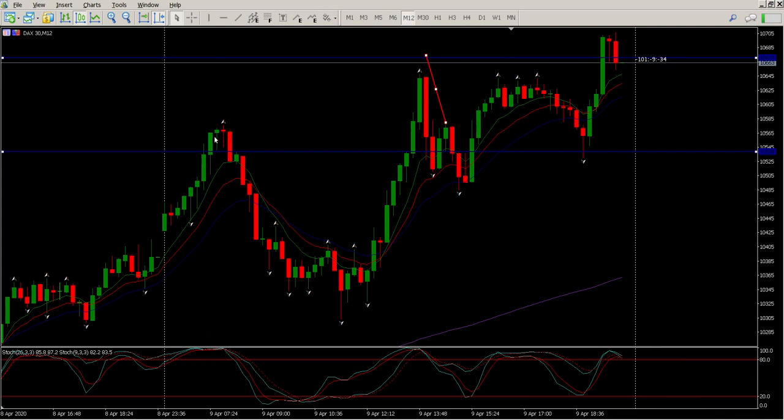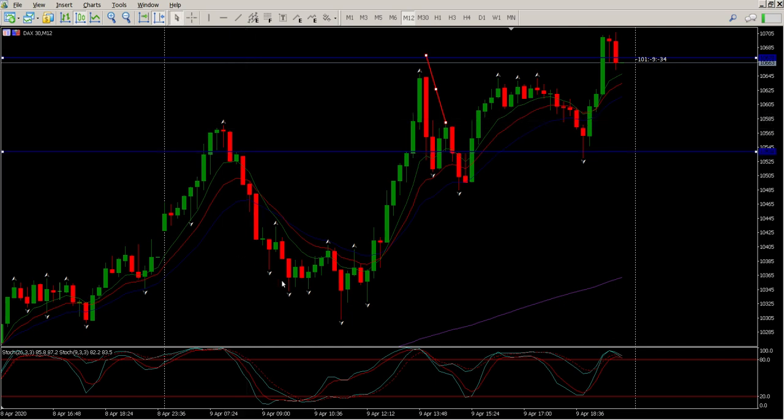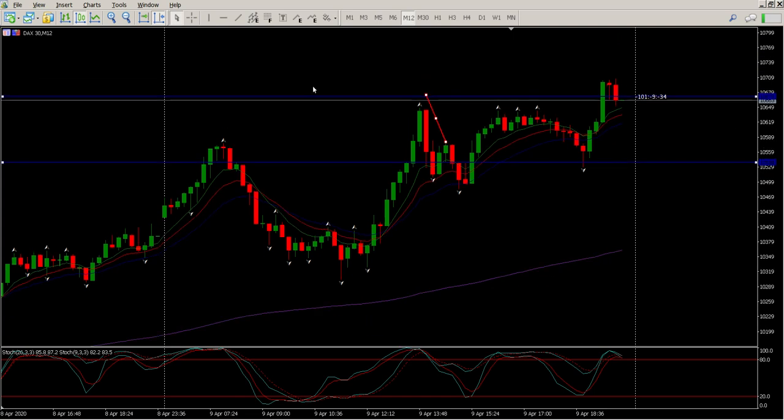Grouping, two hanging men in a row, break below it indicates trade to the downside. There it is, and your stop is 50 points. Down the bottom, you're not really off the level, so put your levels in. Okay, there's my level there, but there is definitely another one here, which is there.